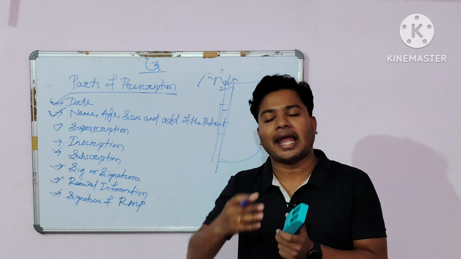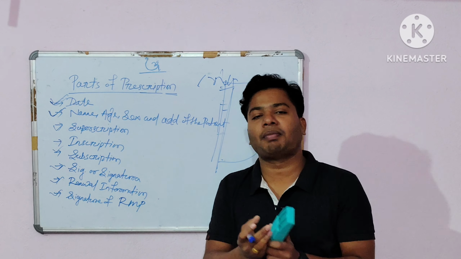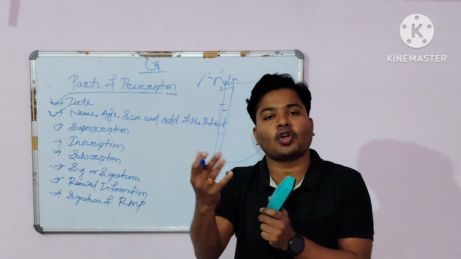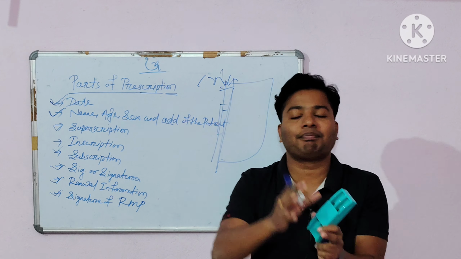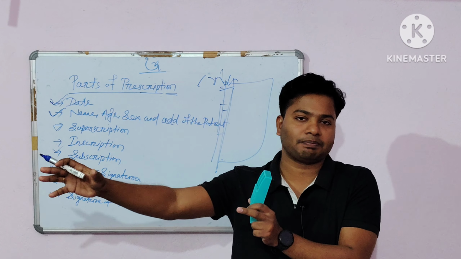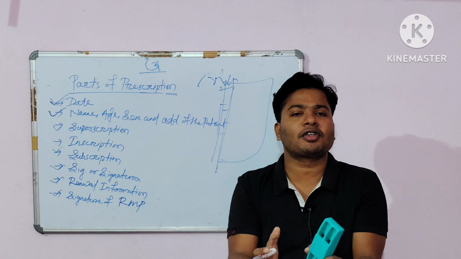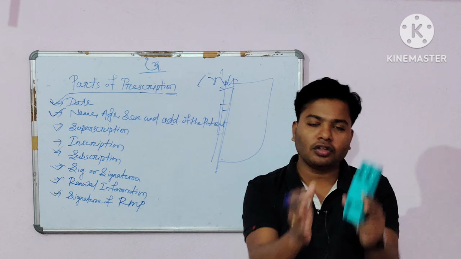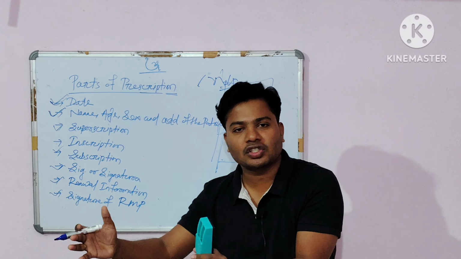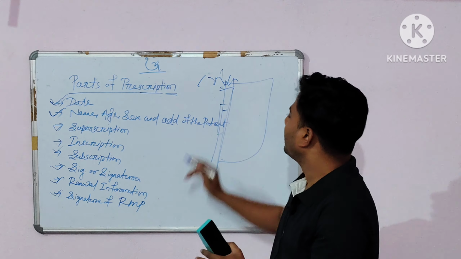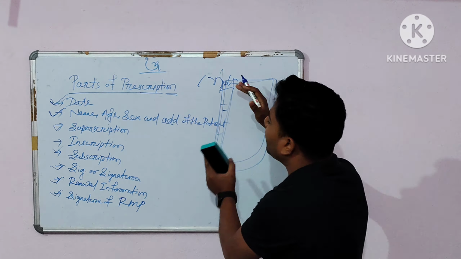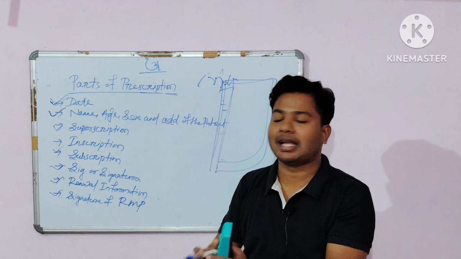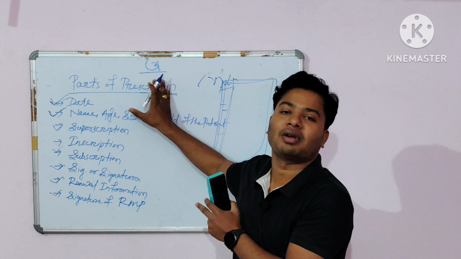Then after that, again the physician asks the patient which type of symptoms occur in your body, because according to the symptoms the physician prescribes the medicine to the patient. Okay, so all the information regarding the patient and all the information regarding the medicine is written in a specific format, and that specific format is again segmented into different parts of prescription.